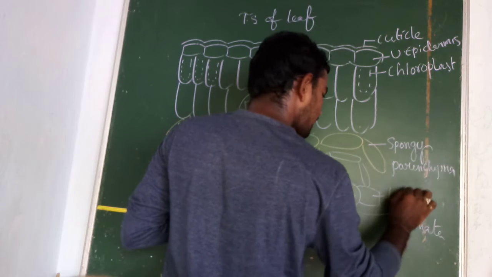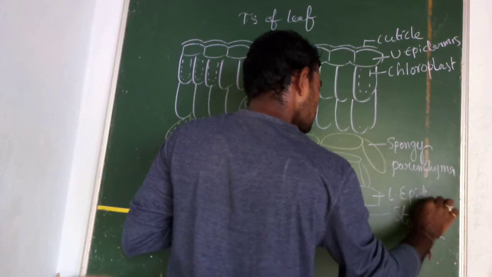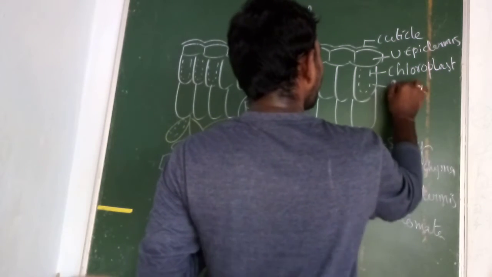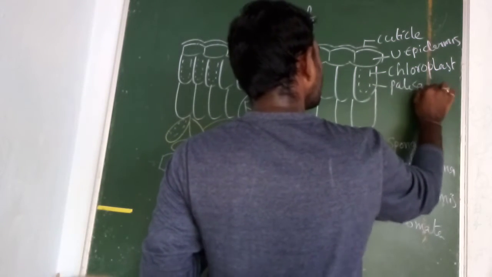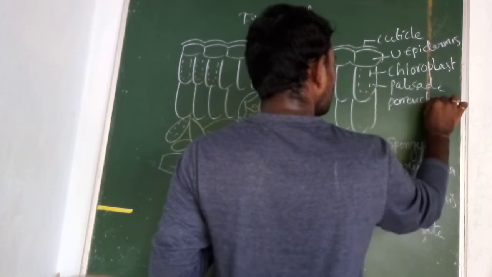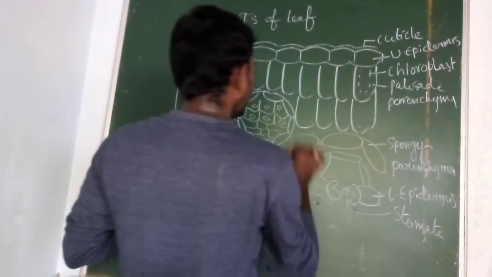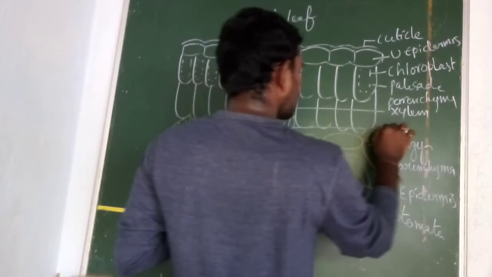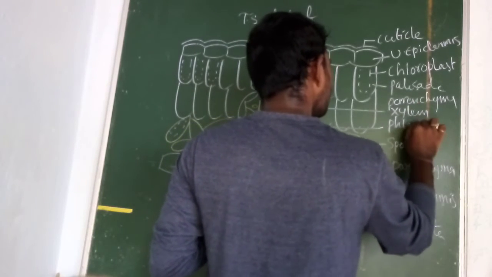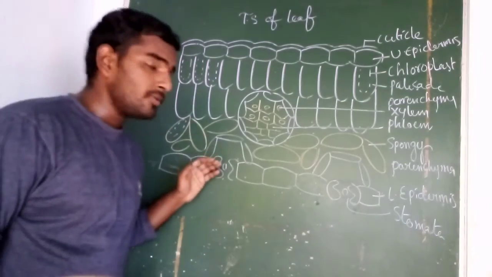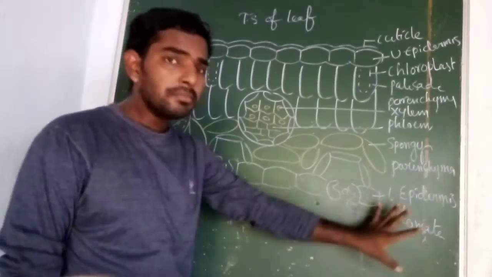This is lower epidermis, and this is palisade parenchyma, and these are xylem, and this is phloem. Both are vascular bundles. So this is the TS of the leaf along with the labeling of parts.